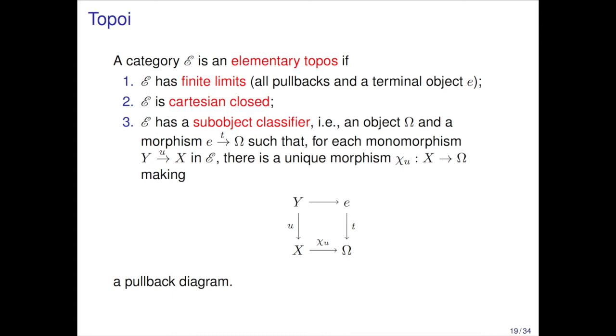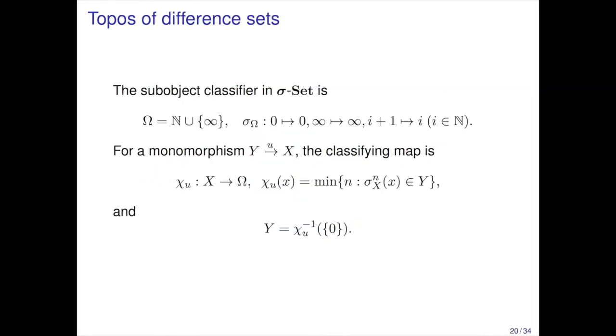Let me show you what the subobject classifier is in the category of difference sets. This is the set of natural numbers union infinity with the following difference structure: 0 goes to 0, infinity goes to infinity, and i plus 1 goes to i when i is a natural number.